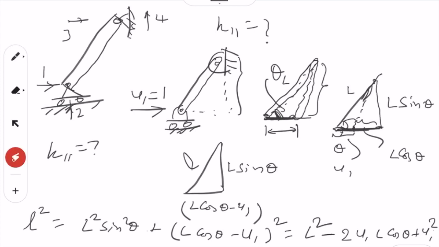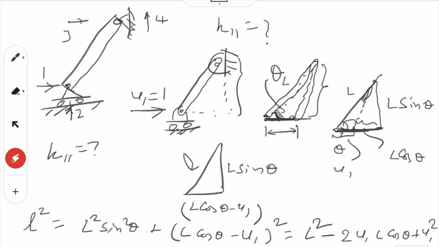Okay, so here we have to assume that this u1 is very small, and if that is the case, then okay, let's rewrite this on the next page, then we will understand it better. So far we have a small l square equal to big L square minus 2 u1 L cos theta plus u1 square.